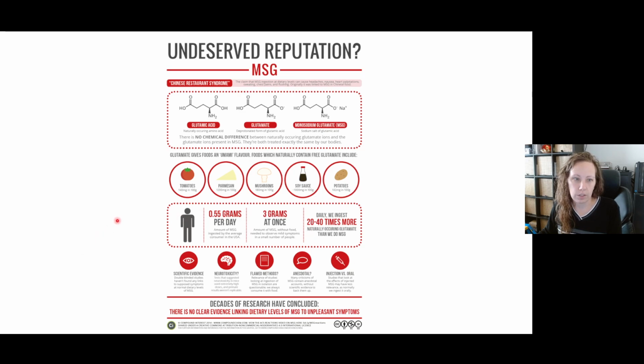Glutamate is in lots of foods. It's high in tomatoes, in Parmesan, in mushrooms, in soy sauce, in potatoes. And once again, as soon as that monosodium glutamate hits inside our bodies, it's converted to glutamate, which is the exact same chemically as this naturally occurring glutamate.